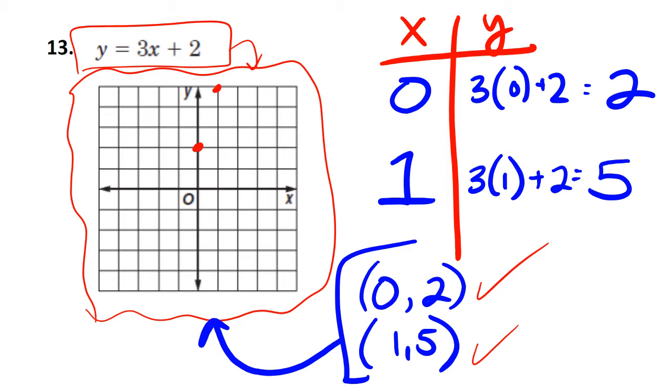And then using a straight edge, my handy dandy popsicle stick, I'm going to lay that down and draw a line the best I can. And now I've graphed this function y equals 3x plus 2. To review, I found 2 points: I picked two x values, figured out the two y values that correspond to them, and I graphed the line.